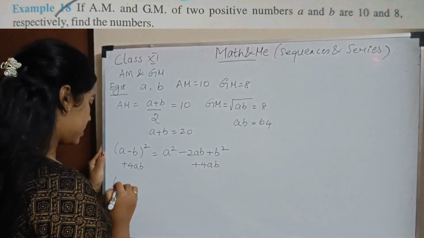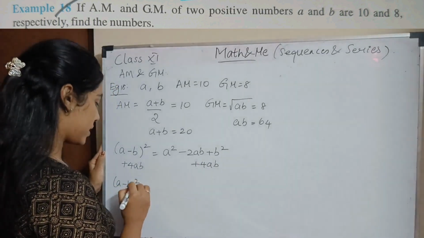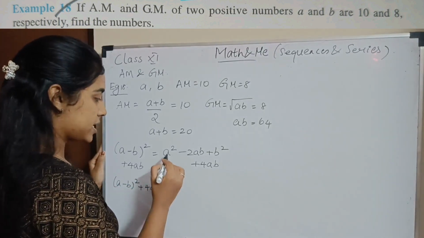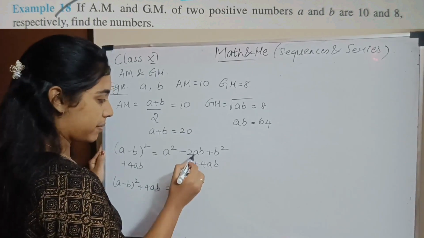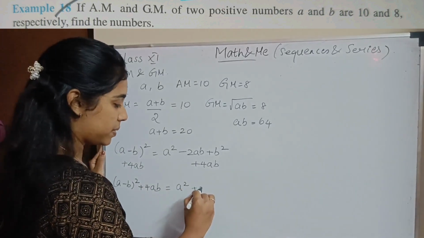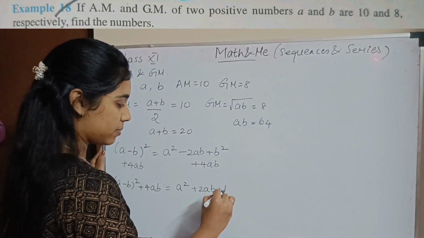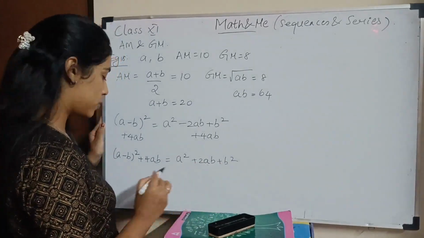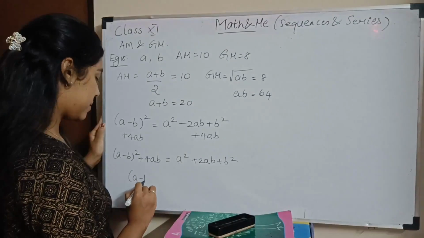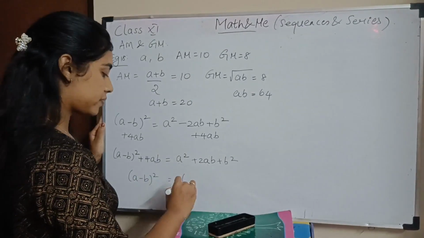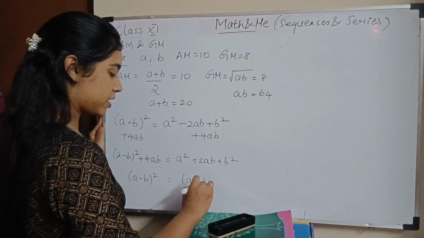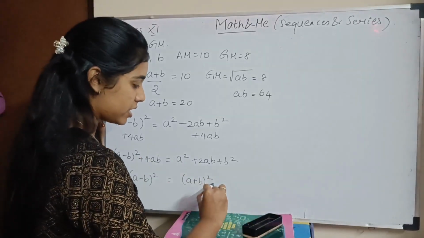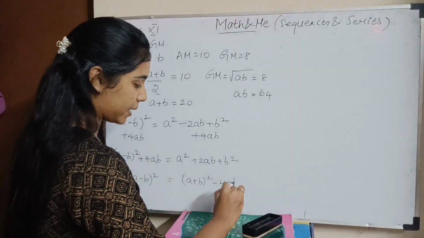So what do I have? A minus b the whole square plus 4ab equals a square minus 2ab plus 4ab, which will become plus 2ab plus b square. A square plus 2ab plus b square is a plus b the whole square. So I have a minus b the whole square equals a plus b the whole square, and the 4ab term I am bringing to the right. So I have minus 4ab.